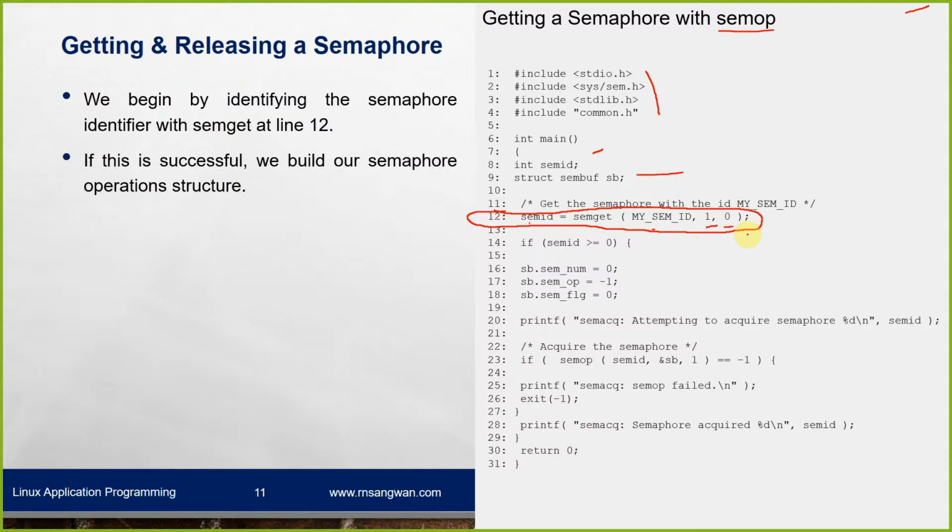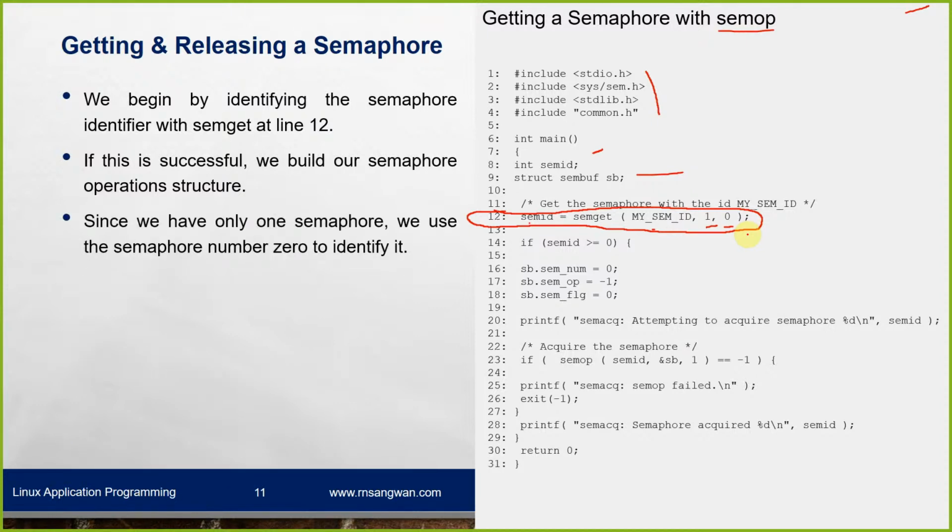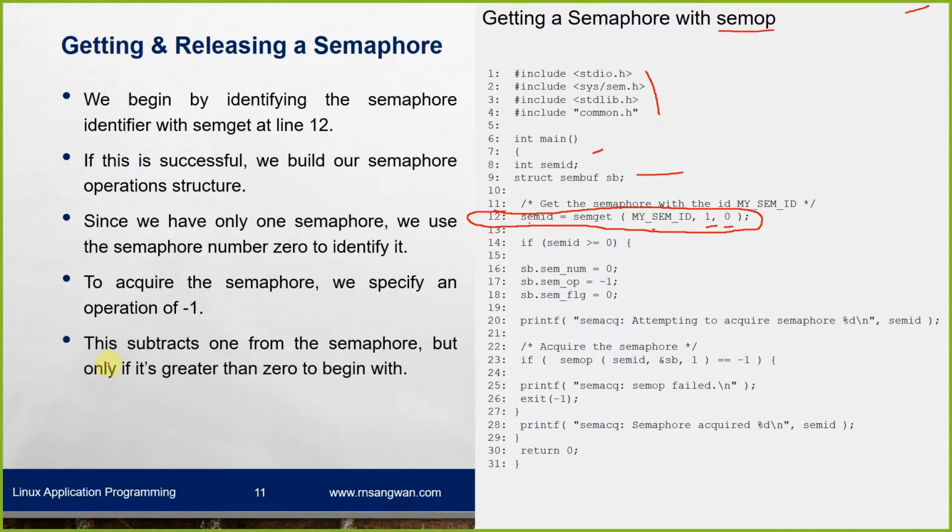we build our semaphore operation structure. Since we have only one semaphore, we'll use the semaphore number 0 to identify it. To acquire the semaphore, we specify an operation of -1. This subtracts 1 from the semaphore, but only if it is greater than 0 to begin with.